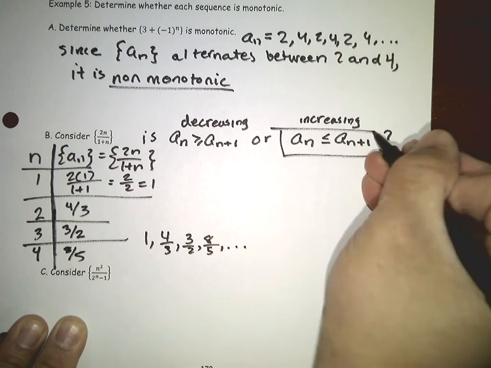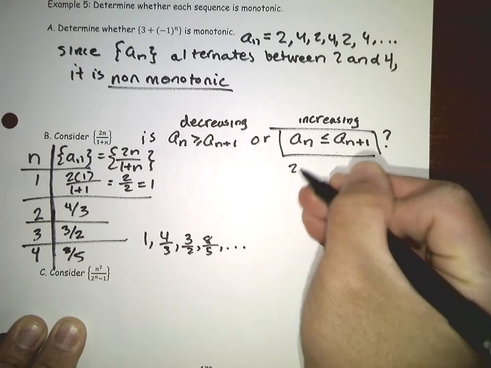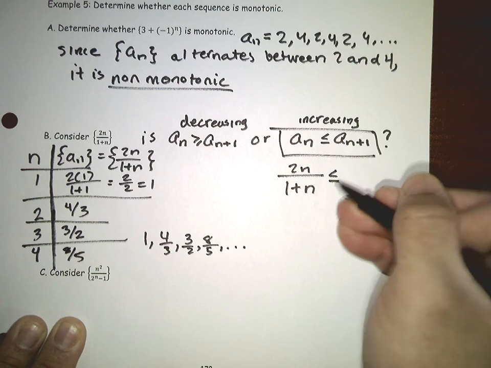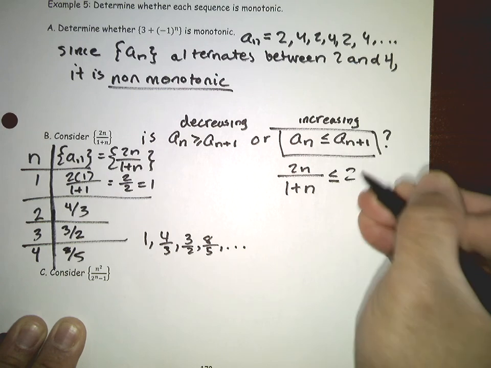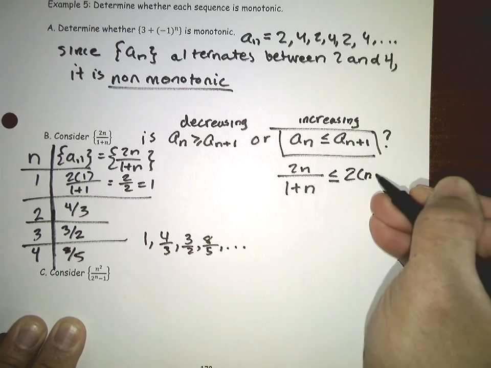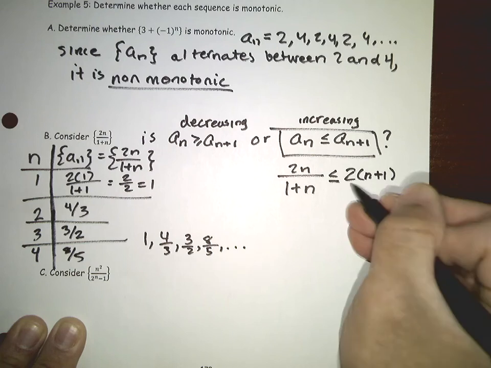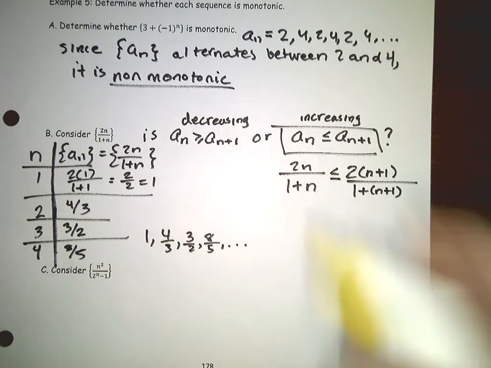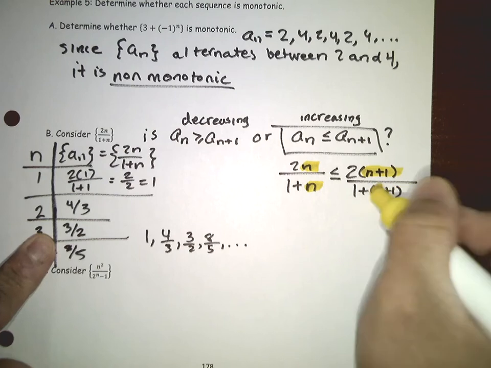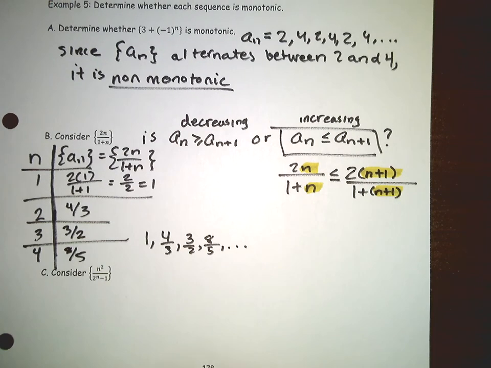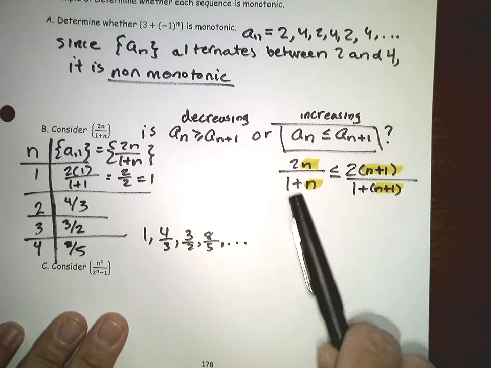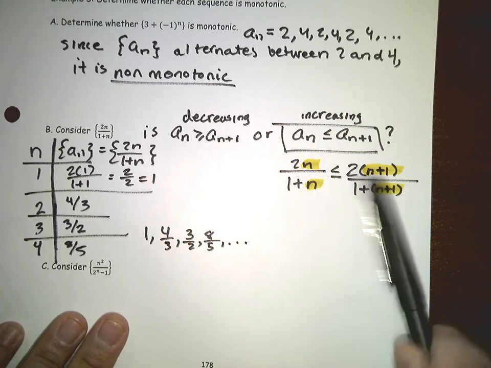I'm going to check. Is 2n over 1 plus n always going to be less than or equal to 2 times n plus 1 over 1 plus n plus 1? So when I substitute n plus 1 in for n, is this always going to be greater than or equal to this, or always less than or equal to that?